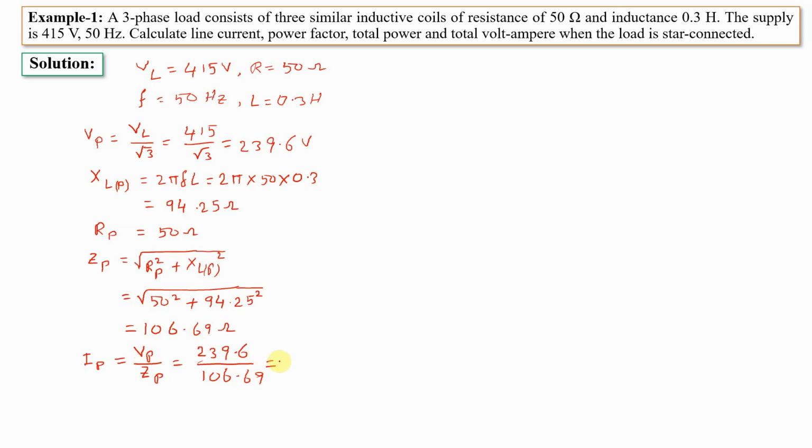So the value will be 2.246 ampere. As we know, in a star connected system, the phase current and the line current are the same. So the line current will be equal to the phase current, 2.246 ampere. This is the value of line current.